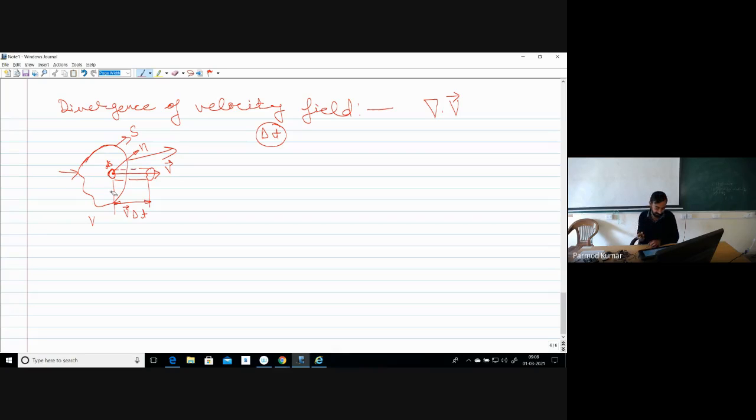In that case, while this fluid element moves through different portions of the flow field, we will find that density at different locations is different, because of which its volume will also be changing. So this is one very important point.